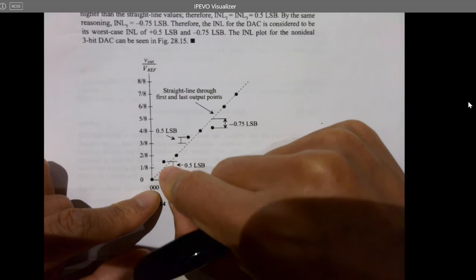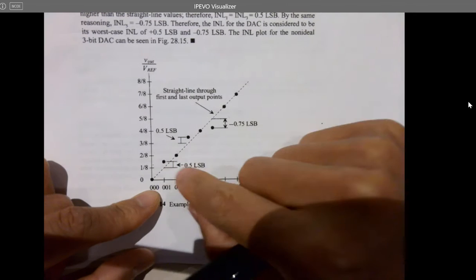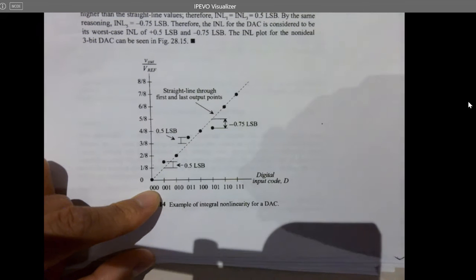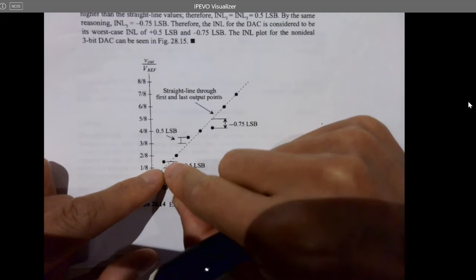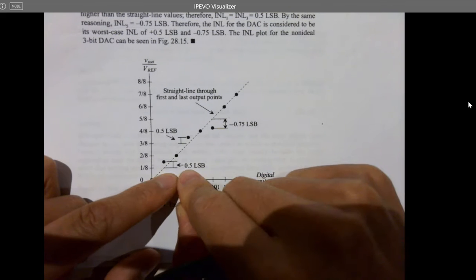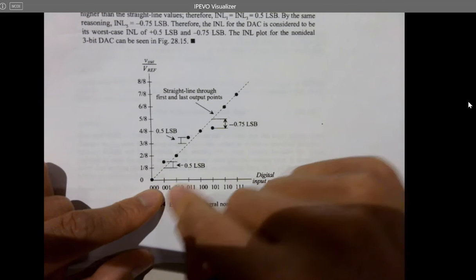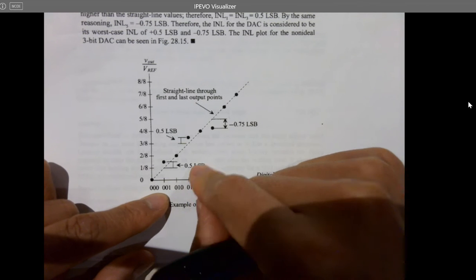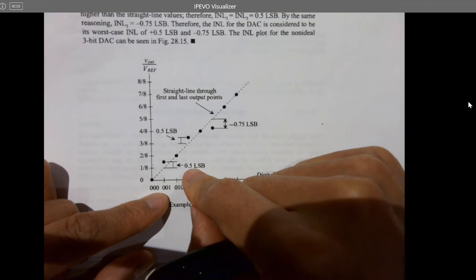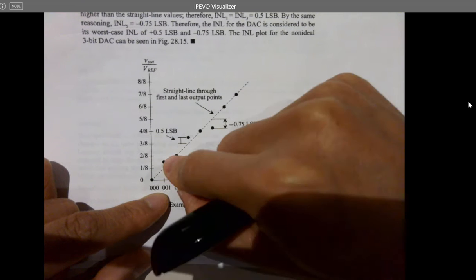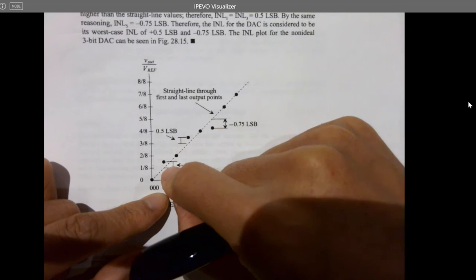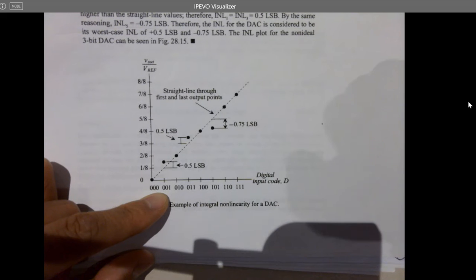It's just the distance between these 2 points. Here it's labeled as the difference between these 2 points as 0.5 LSB. So that's the INL for that point. So INL 1 would be 0.5 LSB. That's the absolute height minus the ideal height. That's INL, integral nonlinearity.